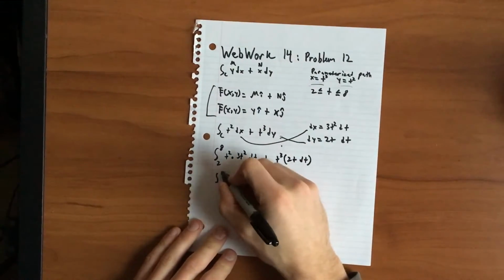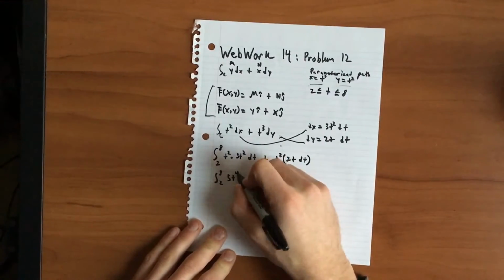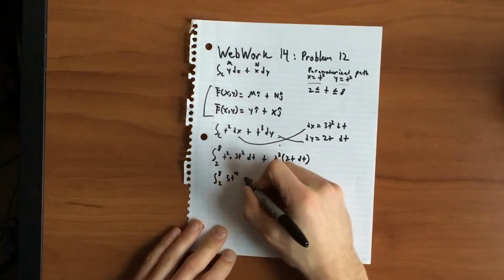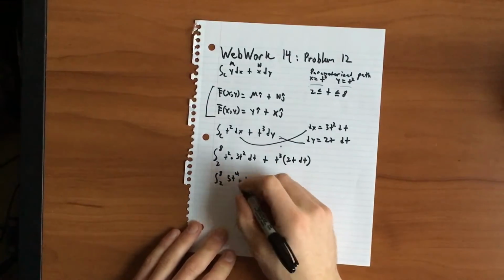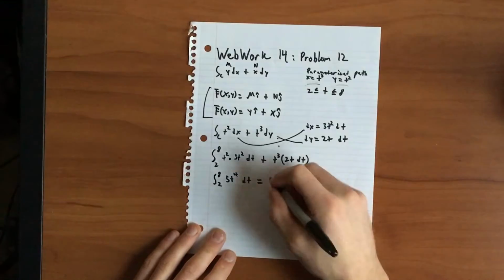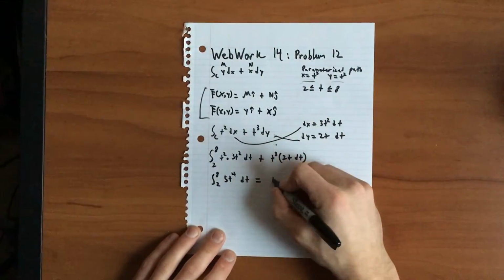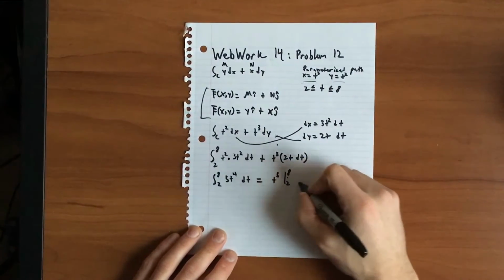So if we simplify this a little bit, we end up with 5t to the 4th dt, evaluated from 2 to 8. Of course, that would be integrating with respect to t, so you raise the power and divide by that power. We'd get t to the 5th divided by 5, times 5, which is just going to give us t to the 5th, evaluated from 2 to 8.